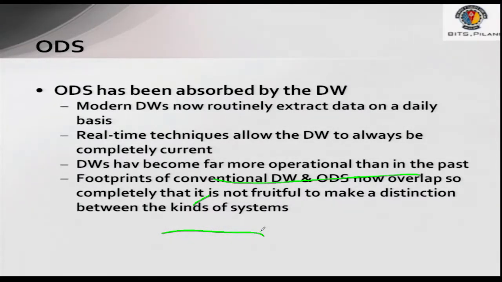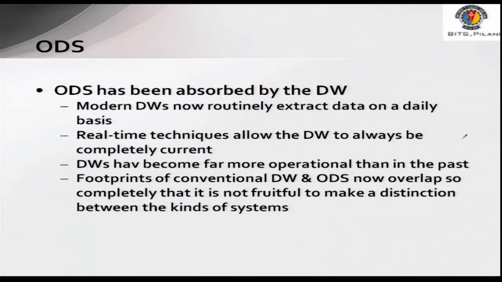Data warehouses have over the years become far more operational than in the past, and the footprints of conventional data warehouses and operational data stores now overlap so completely that it is not fruitful to make a distinction between the kinds of systems.